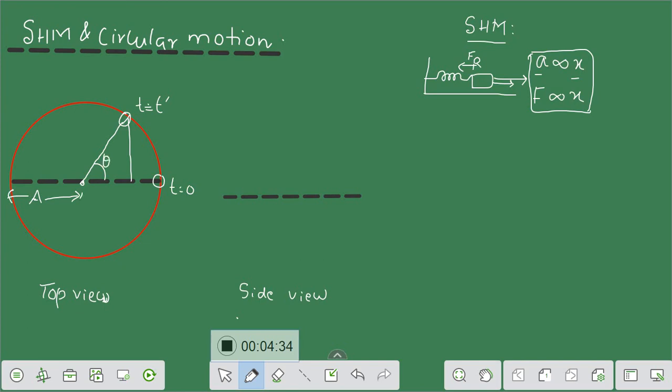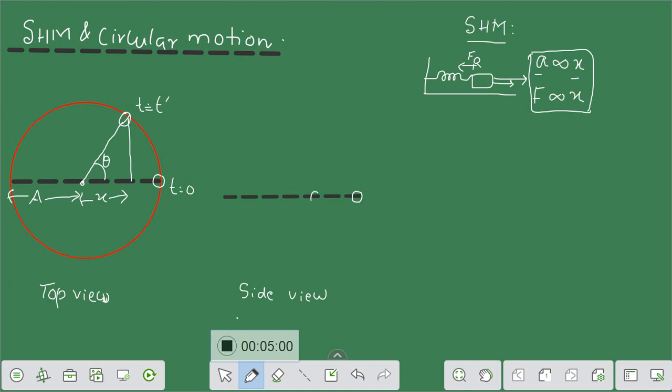And let's say this distance is x. So what we are going to do now is look into it mathematically. If we have a side view, what you can see is that the ball at this point, from the side view, we can observe the ball to be somewhere here. If the ball reaches this point at t is equal to t dash, maybe we're observing the ball at this point.